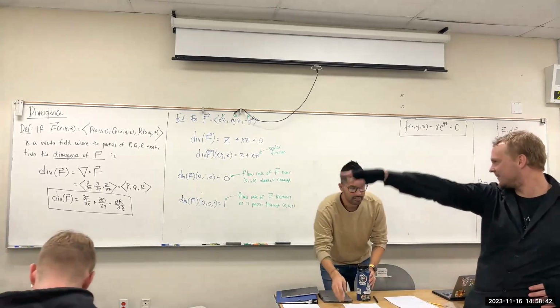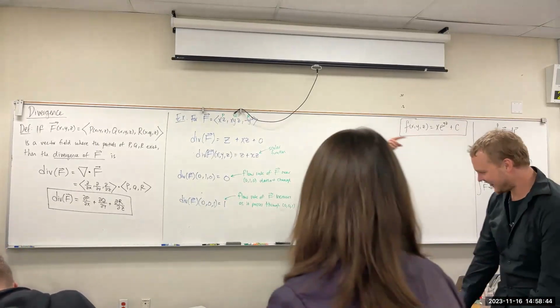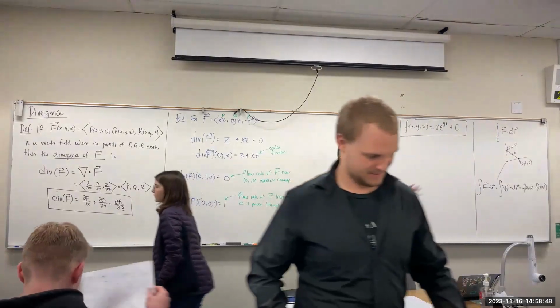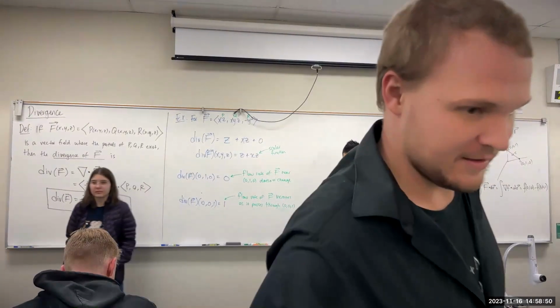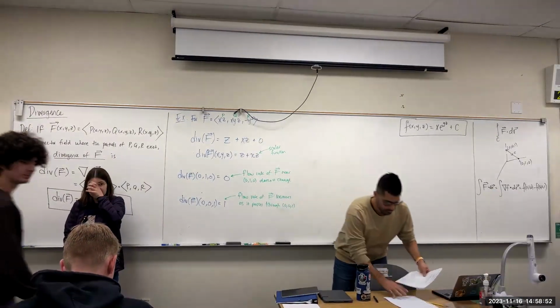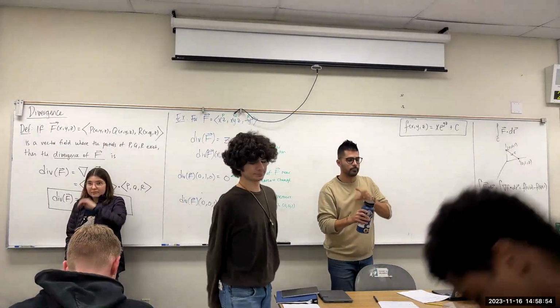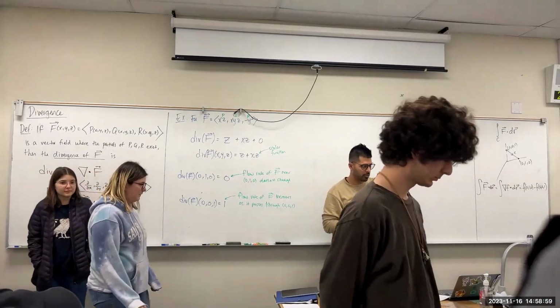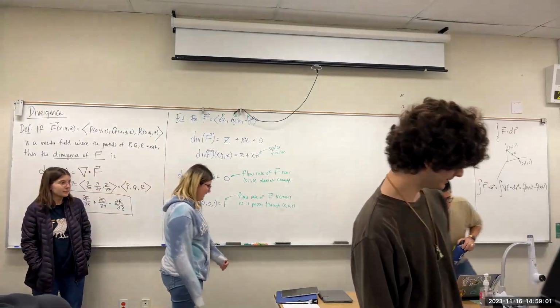Okay. 1s, 2s, 3s, 4s, 5s. You can just move your body. You don't have to take your stuff if you don't want to. Just be careful with the camera. Yeah, go through here.